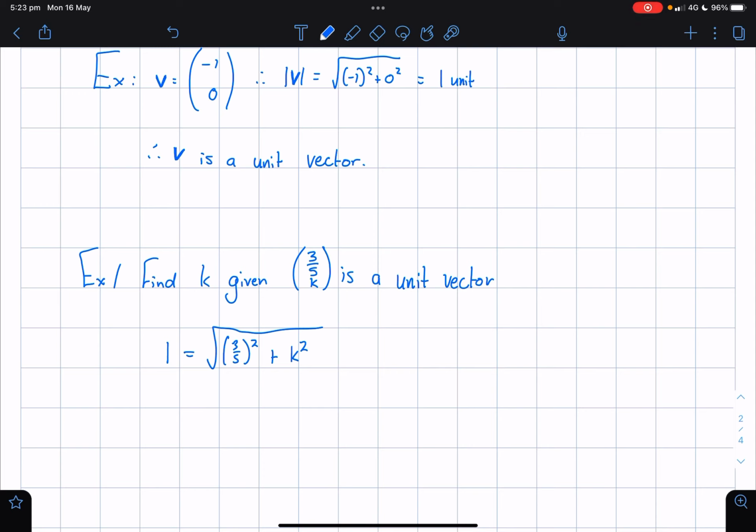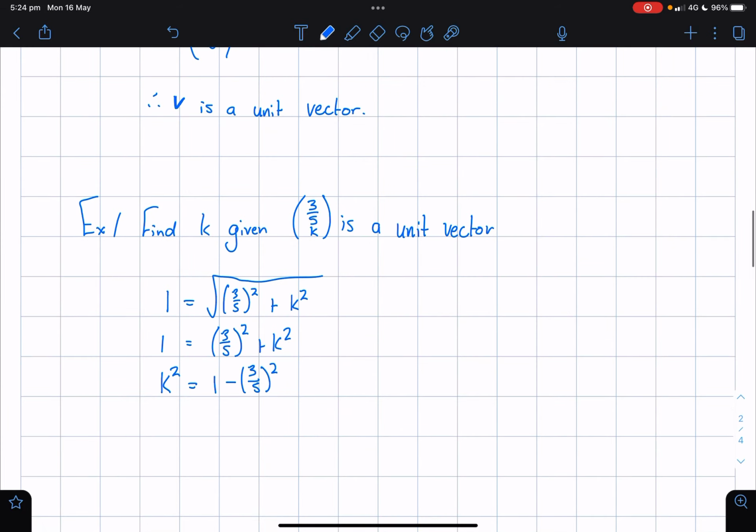Getting rid of that square root, we take the square of both sides. So 1 equals (3/5) squared plus k squared. I'm going to write k squared on this side: 1 minus (3/5) squared.